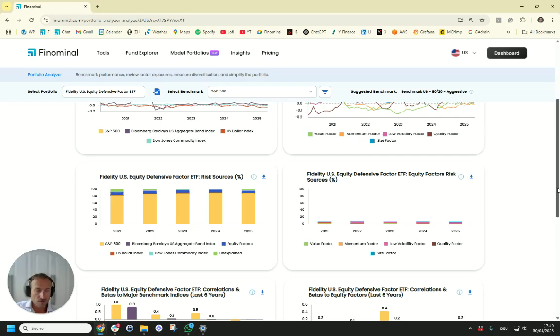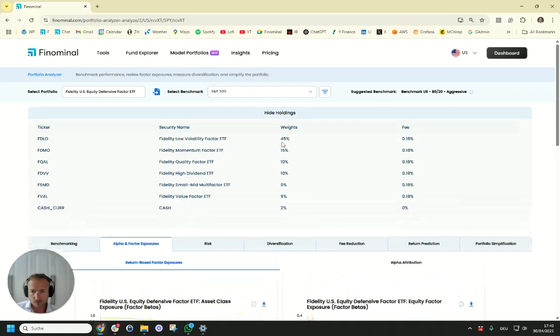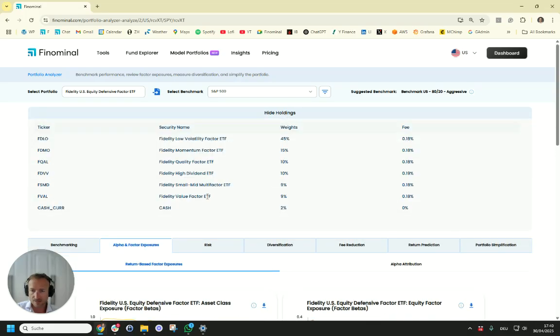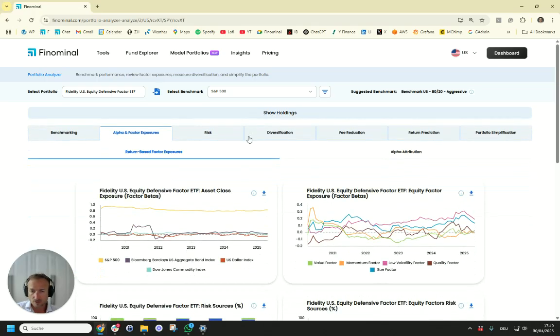Now, the common question that we ask ourselves is, if you have a portfolio like this one that has 7 underlying factor ETFs, is there a factor offsetting going on? Factor offsetting simply means that you have these factor-based ETFs where the underlying factors are negatively correlated, and that's naturally not great.